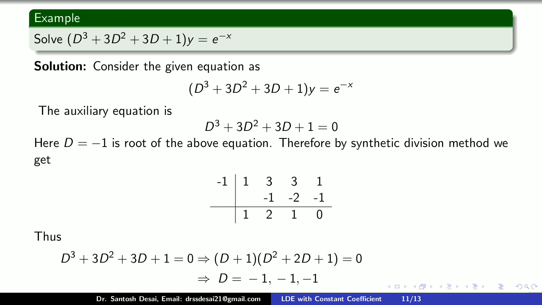Now here the roots are repeated 3 times. So therefore the complementary function is given by: first you write the term c1 plus c2x plus c3x square. One can write in the reverse way, that is c1x square plus c2x plus c3 also. Then e raised to repeated root into independent variable, that is e raised to minus x.